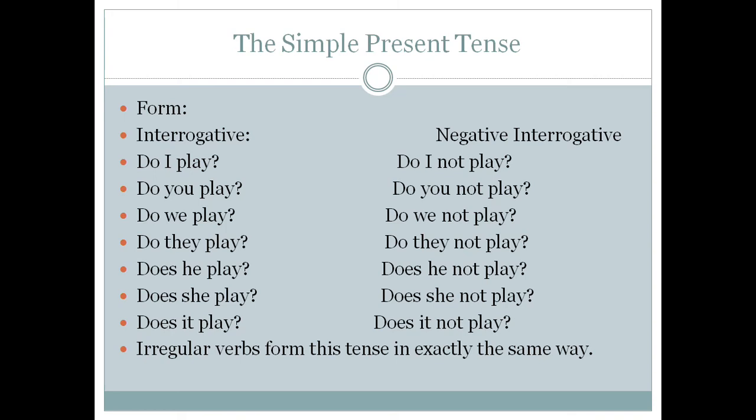Do they not play? Does he play? Does he not play? Does she play? Does she not play? Does it play? Does it not play? So irregular verbs form in exactly the same way. No problem with the regulars.